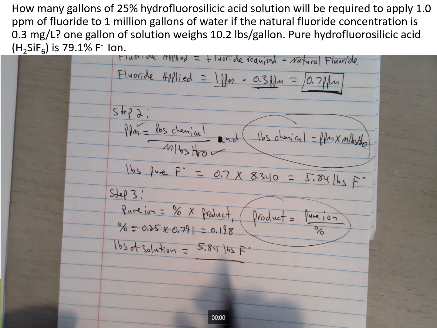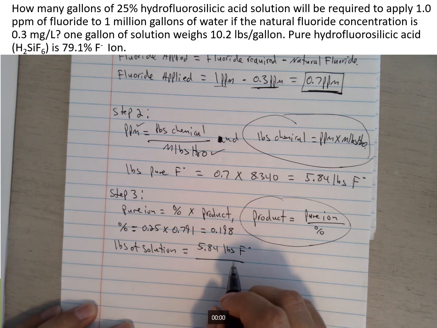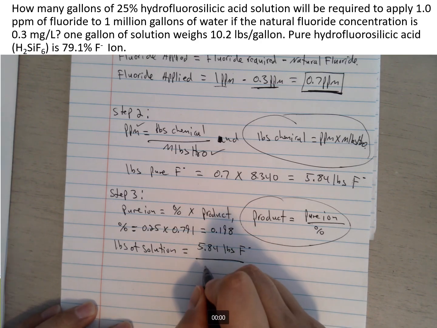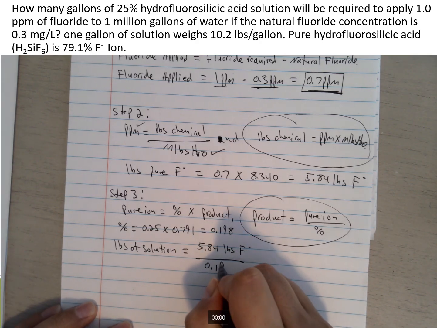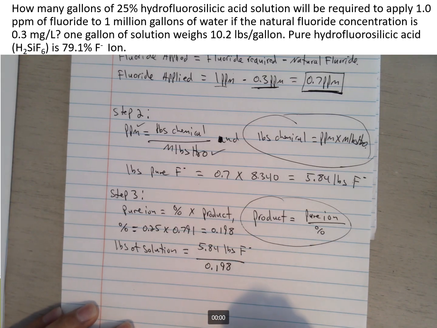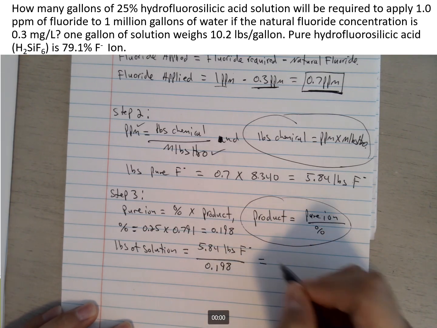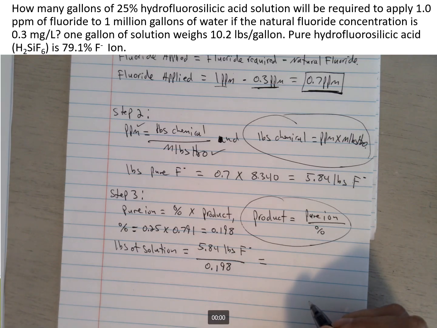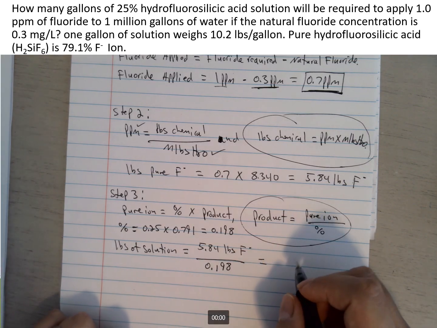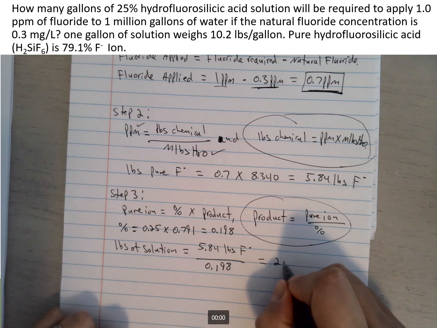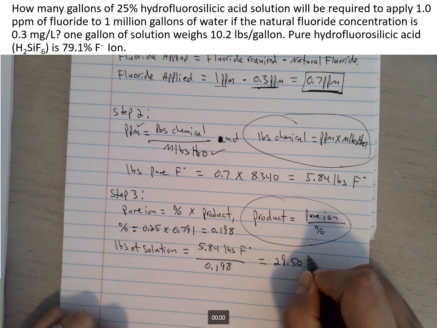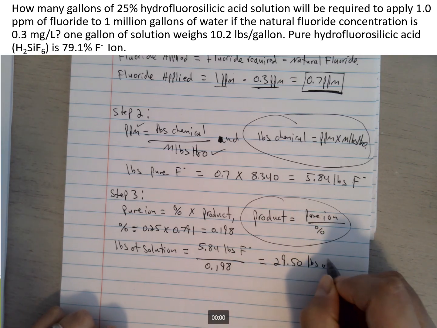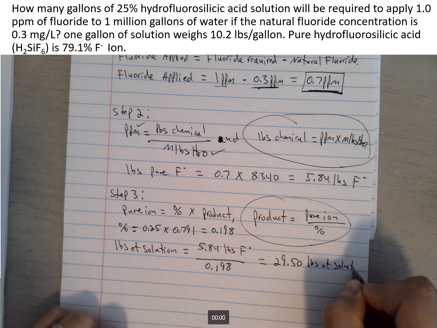So now that we have determined our percentage of fluoride, 0.198, we can find our pounds of solution. That is 29.5 pounds of solution.